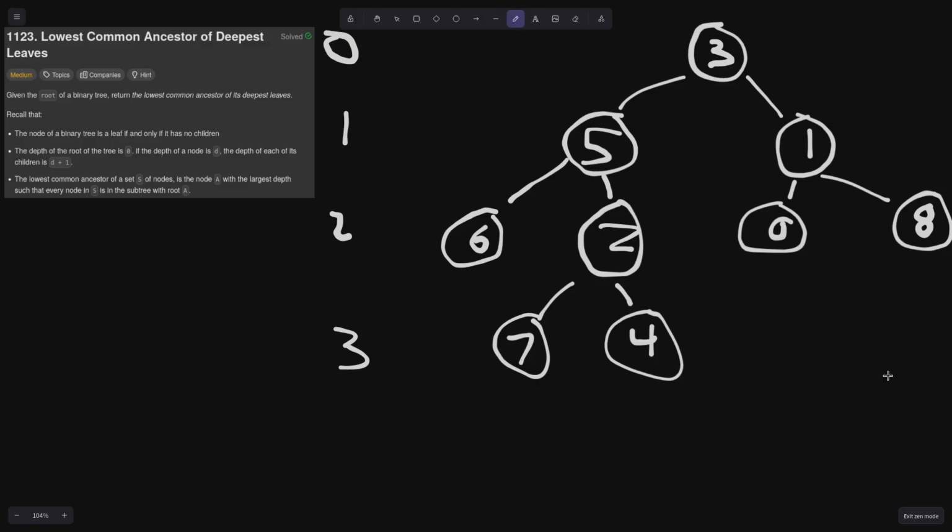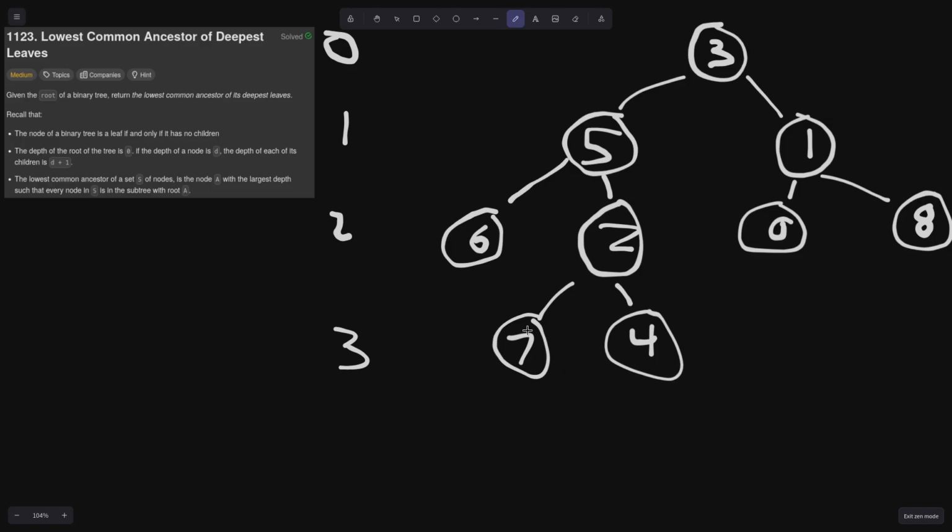The first thing I do when I look at these problems is set these depth values. So we see 0, 1, 2, 3 for our depths. Especially with these lowest common ancestor and traversal problems, it's usually a good idea for each node to place down the depth of its subtree.